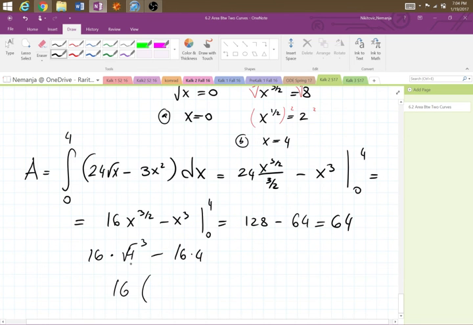And you have 8 minus 4, which is 4, so 64. Yeah, factoring for computation. And then there is the calculator. All right, 64 is the answer.